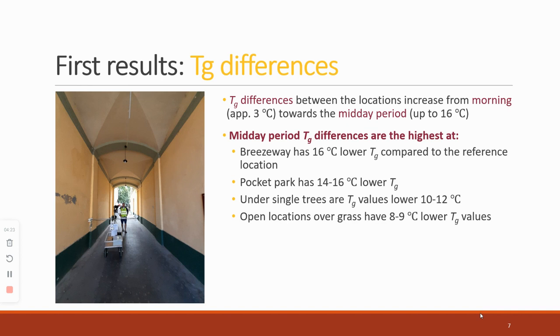This was the highest difference in terms of globe temperature. Also, pocket parks showed some difference, which goes from 14 to 16 degrees. Under single trees, the value is a bit lower, 10 to 12 degrees, and in the open locations above the grass, it is 8 to 9 degrees.